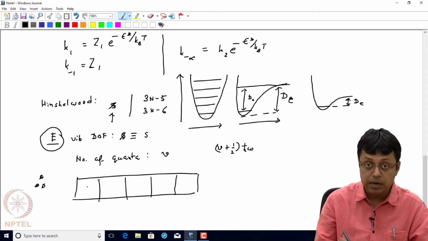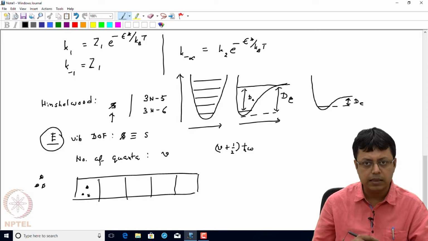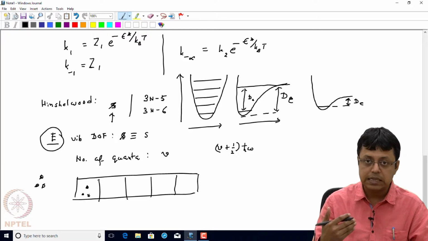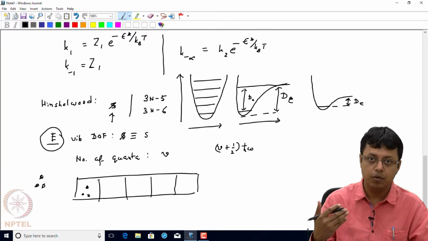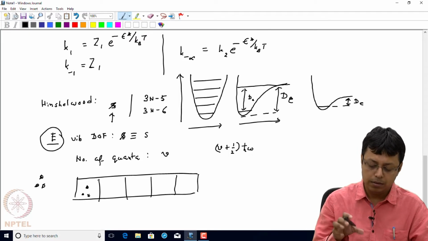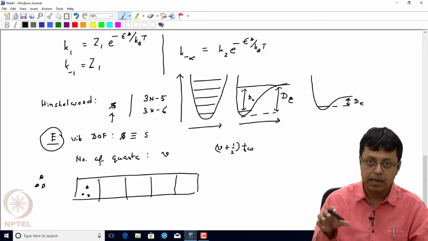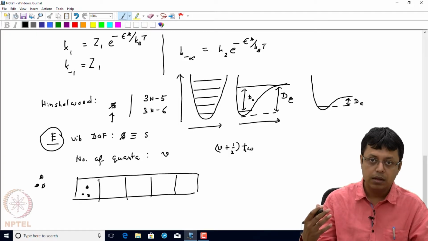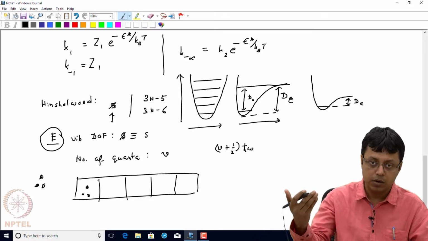I can do it in many ways, like putting these 3 balls in one particular room, because there is no bias that I cannot put more than one ball in a particular room, meaning there is no restriction that I cannot put all the V quanta in one particular oscillator.